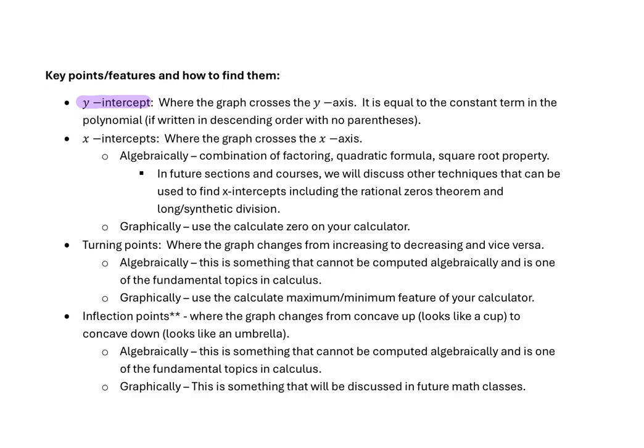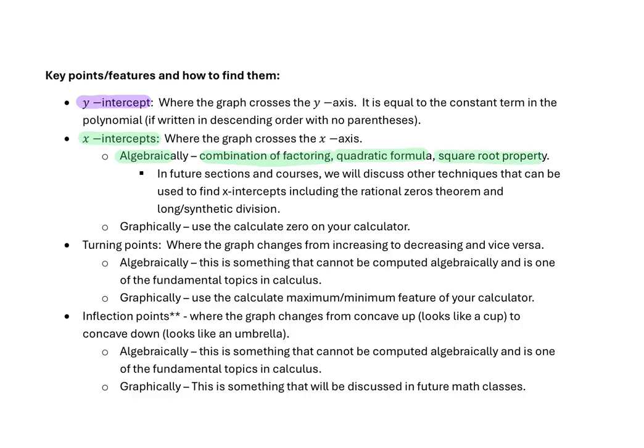The second thing that we have is x-intercepts. Remember that x-intercepts is where the graph crosses the x-axis, and I'm going to say crosses or touches the x-axis. In order to find x-intercepts algebraically, we want to use a combination of factoring, quadratic formula, and square root property.